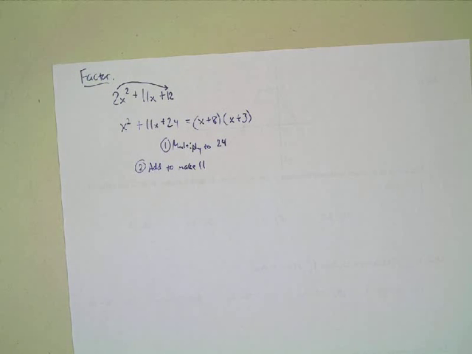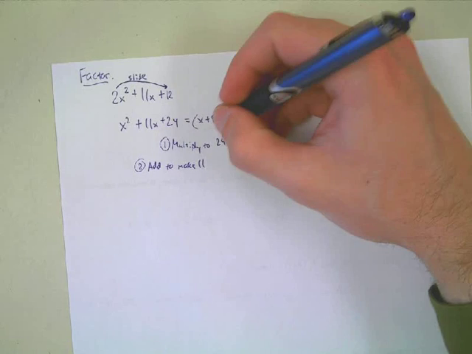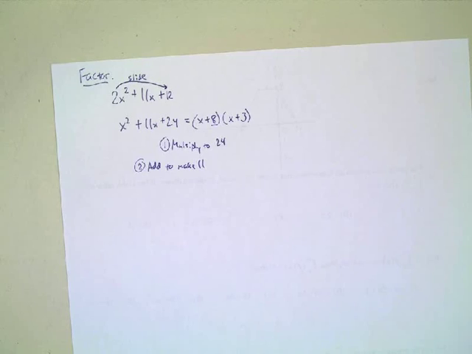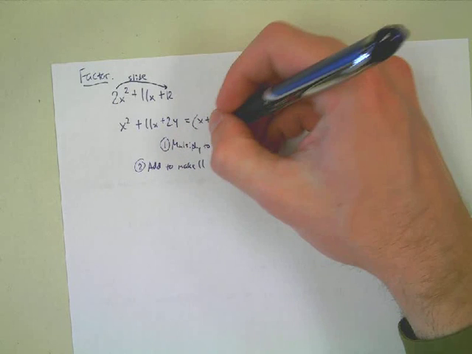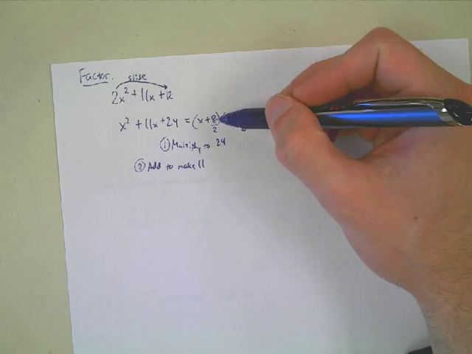So we did the slide, and now I've got to do the divide. What am I dividing by? 2, right? We slid the 2, so we're going to divide by 2. And we simplify. Does 8 divided by 2 simplify? 4, right?